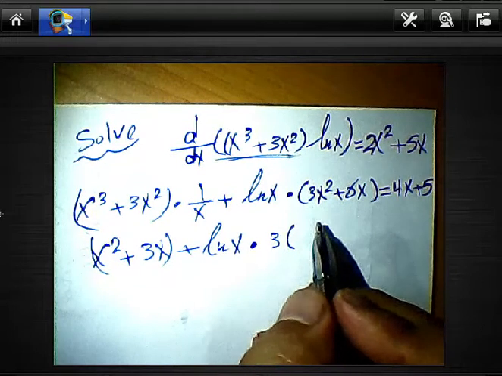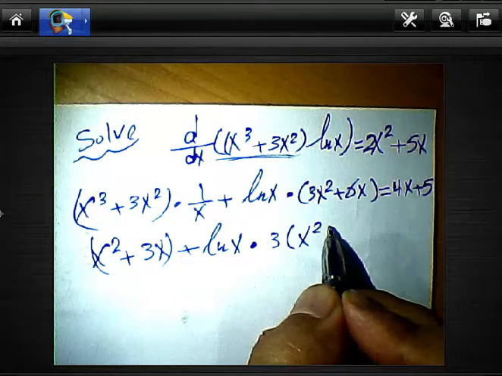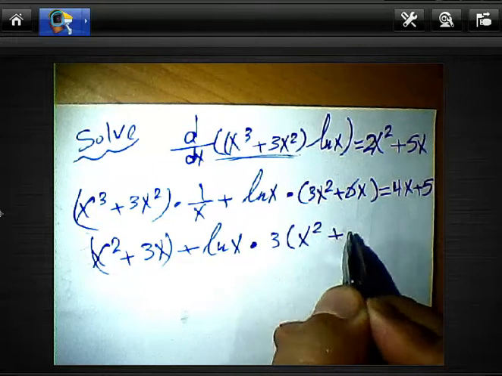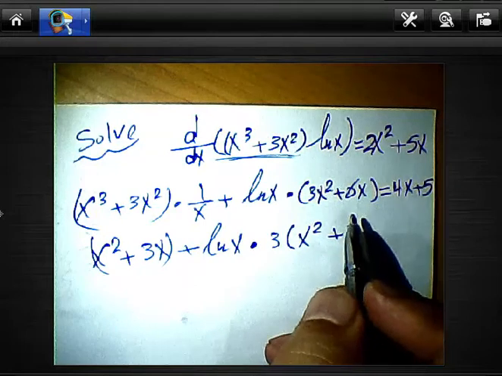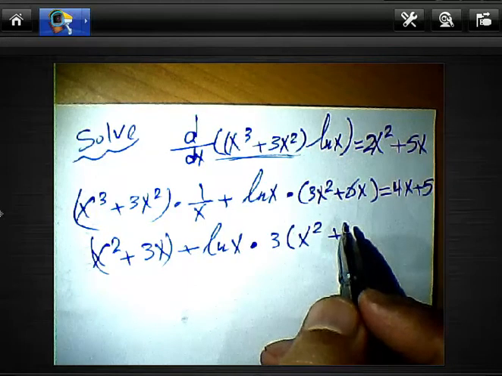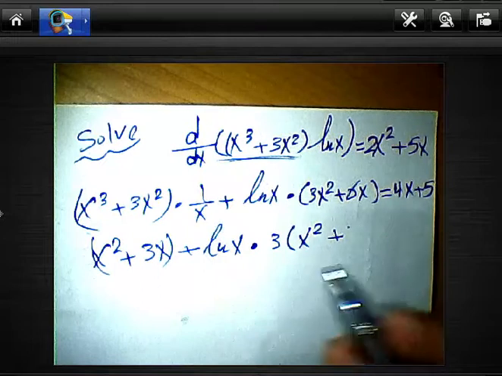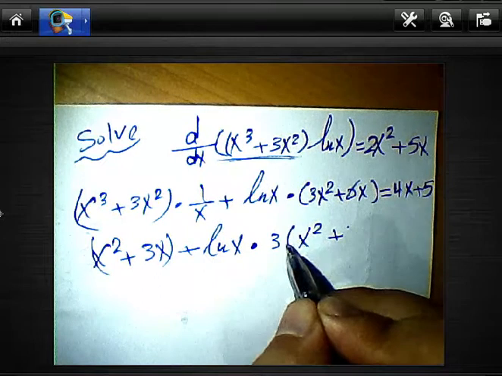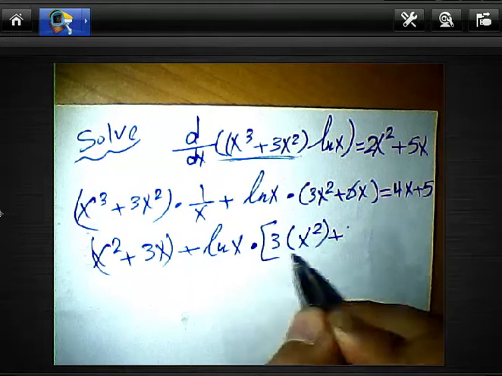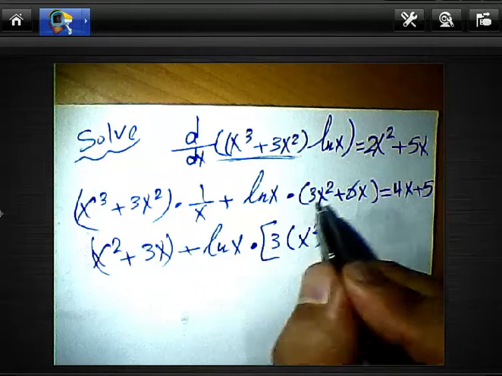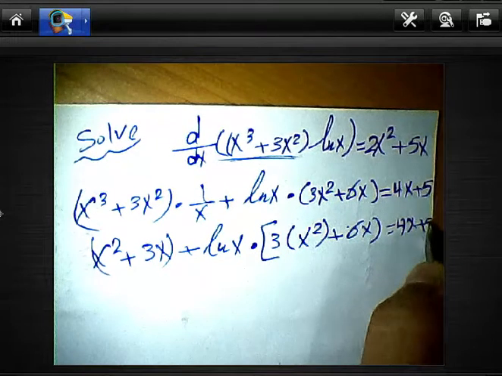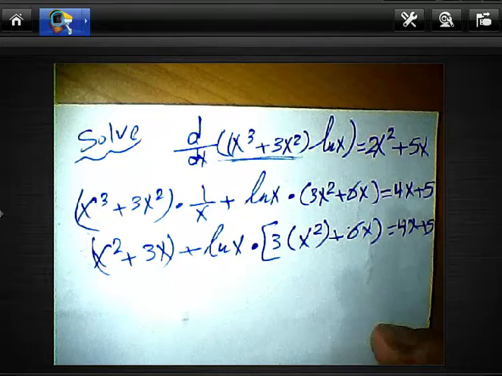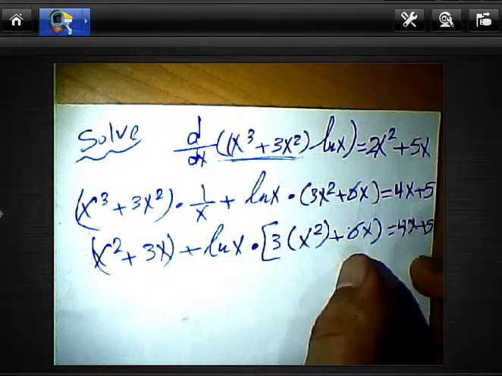The result will be x power 2 plus 2x. Okay, we will complete it here. We can write this expression 3x power 2 plus 6x equal 4x plus 5. We can simplify it. We can subtract this expression from this expression.